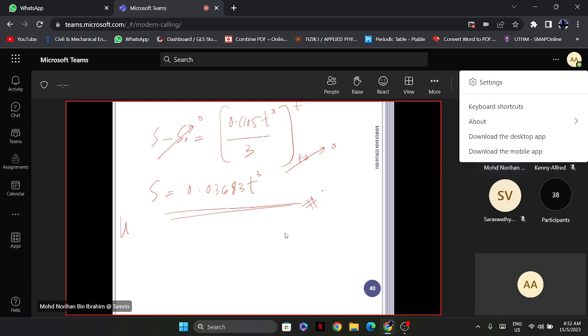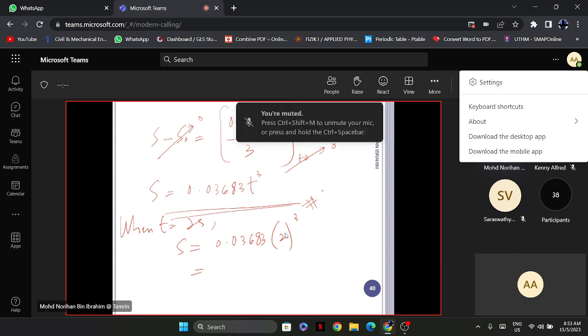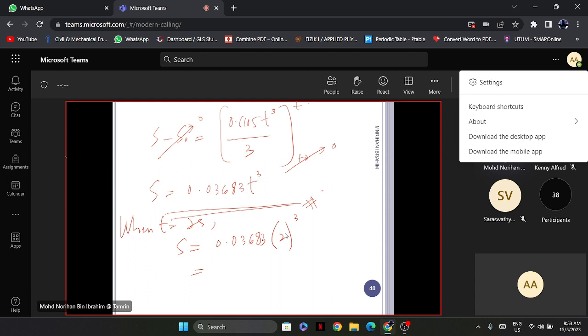And when t is equal to 2 seconds, just substitute into this equation, 2 to the 3. So when you solve this one, you can get the answer for the distance s. What is the distance of s? Try to calculate this one. You'll get the answer of 0.2944 meter.